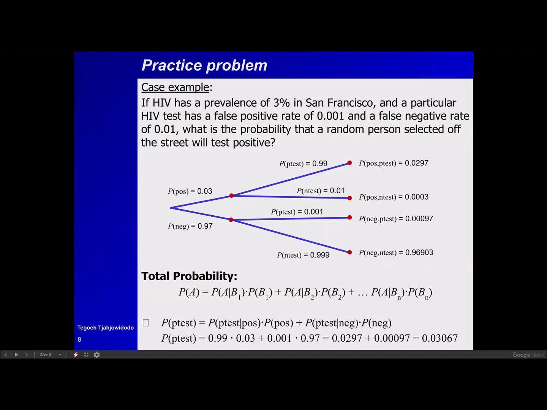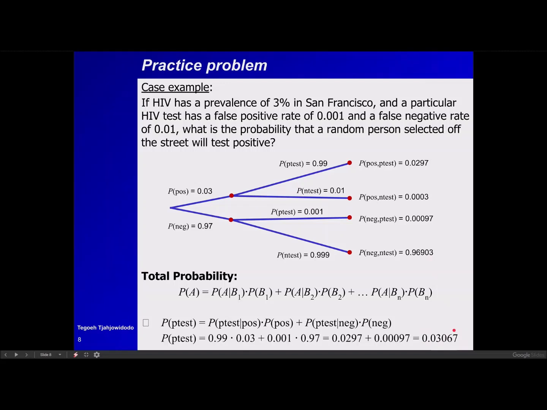Now, if we want to calculate the probability of having a positive test, it's very simple. You just have to sum this number with this number, right? 0.0297 plus 0.00097, which is equal to 0.03067.